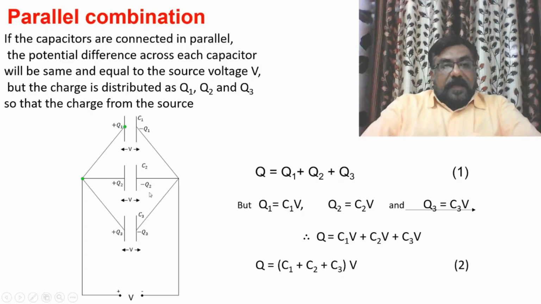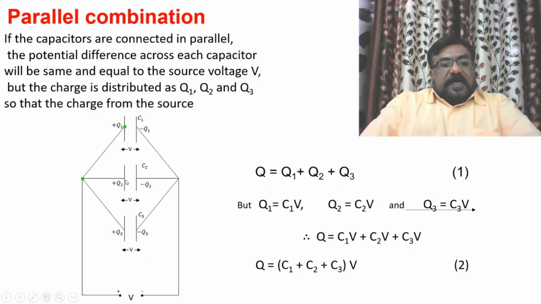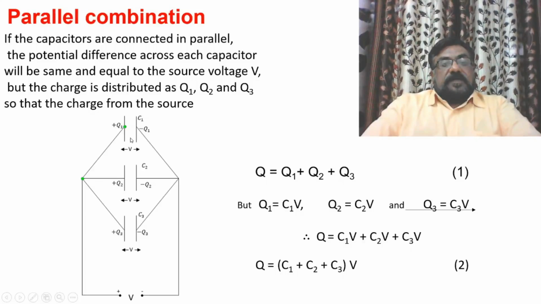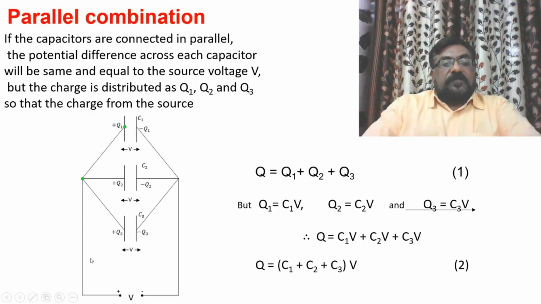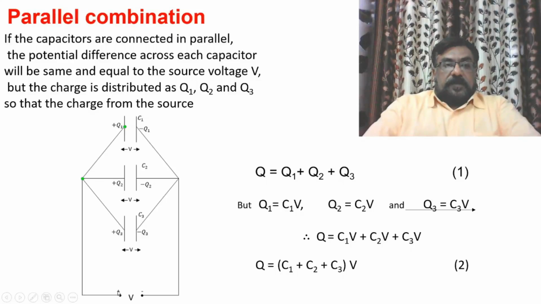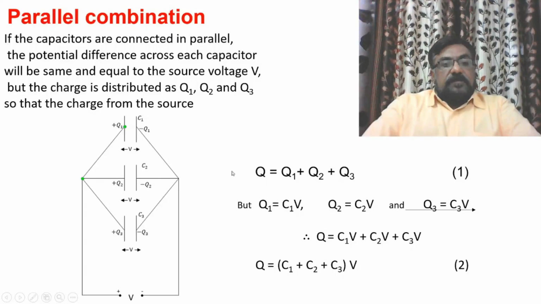But the potential across these three capacitors remains the same, V. Okay, so the charge which is stored in the first, that is Q1, in the second, that is Q2, and in the third, Q3, are all drawn from the same source. So the total charge which is drawn from the source, or the total charge stored in these three capacitors, is given by Q is equal to the sum of Q1, Q2 and Q3.